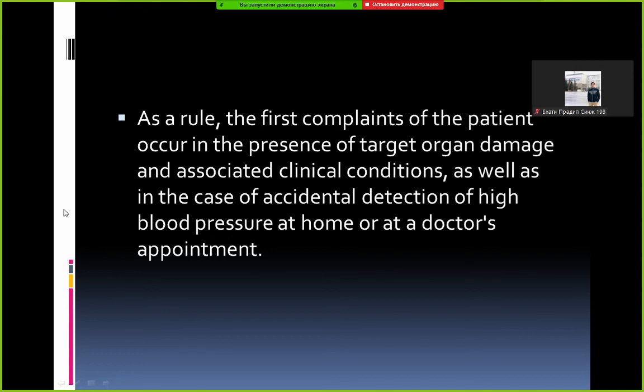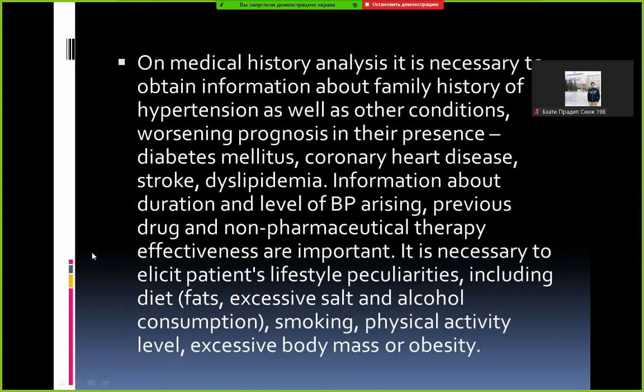As a rule, the first complaints of the patient occur in the presence of target organ damage and associated clinical conditions, as well as in the case of accidental detection of high blood pressure at home or at doctor's appointment. On medical history analysis, it is necessary to obtain information about family history of hypertension, as well as other conditions worsening prognosis, such as diabetes mellitus, coronary heart disease, stroke, dyslipidemia.